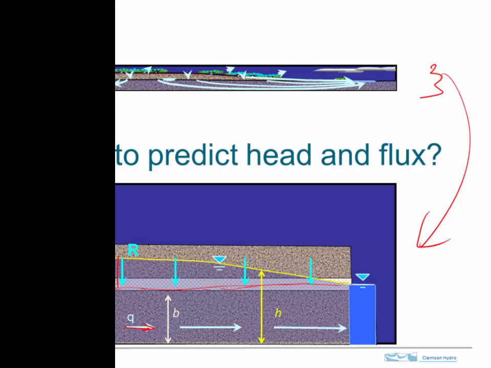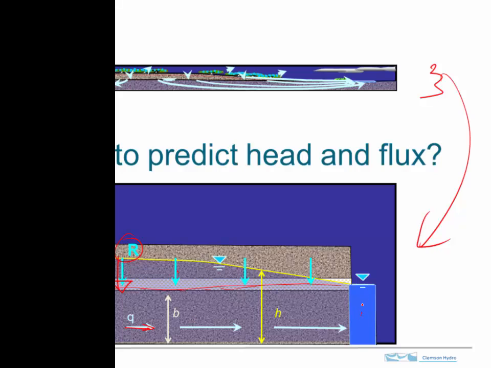So we'll have recharge coming in through this confining unit as shown by these arrows and the label R, and then we have groundwater flow horizontally shown by these light blue arrows and discharging to the stream over here.